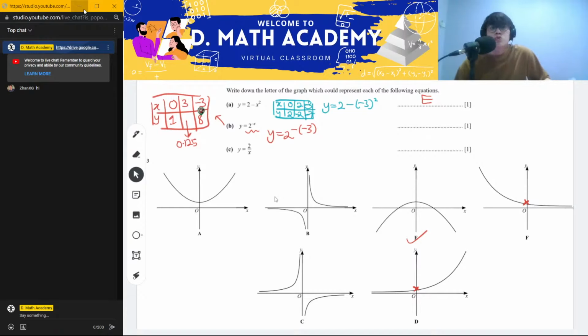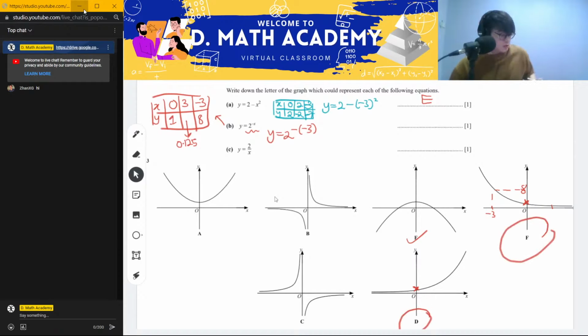So what these 2 extra points tell us is that if 3 is here, it is getting closer and closer to 0. However, when it is negative 3, it connects up to 8. So this is how you double check whether it is D or F here.